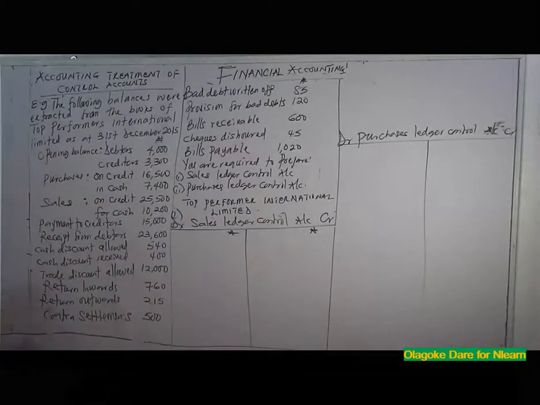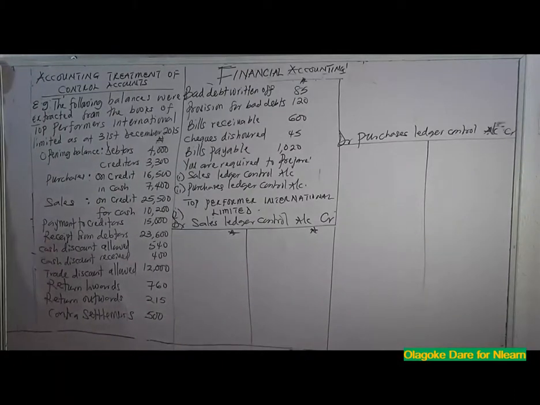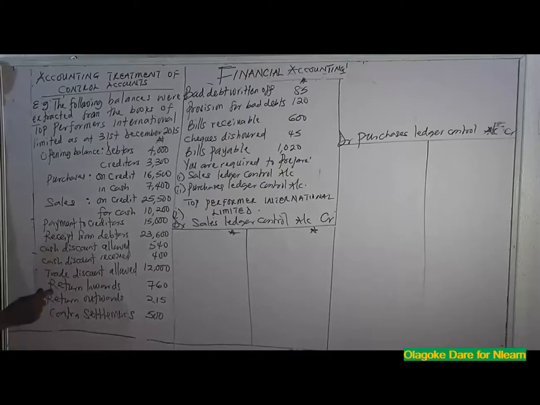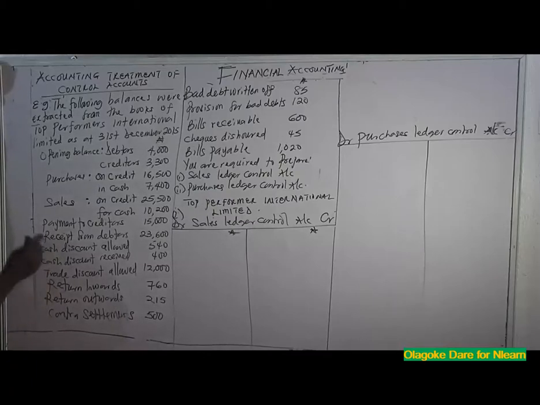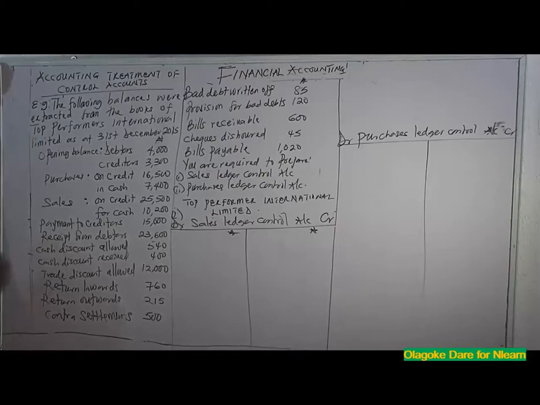We have the transactions. Don't forget, not all transactions given will go to this control account. There are some transactions that you don't need. Just like I said earlier, cash transactions, you don't need them. Provision for bad debts, bad debts recovered, cash sales or cash purchases, you don't need.